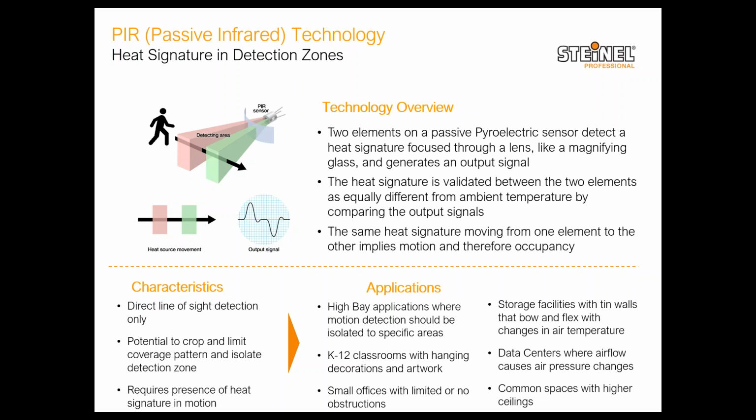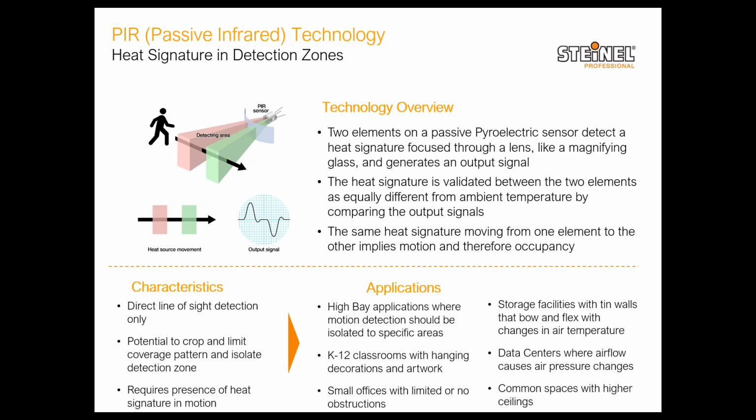The accuracy of this technology depends really on how well or how many segments we create on the pyroelectric element, using the lens, and the quality of the pyroelectric element.